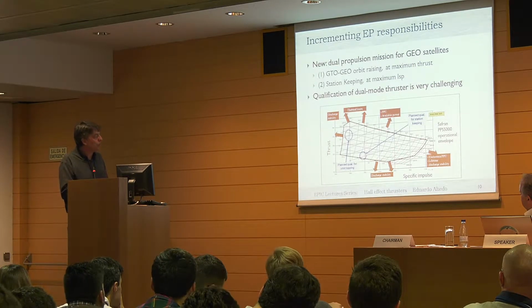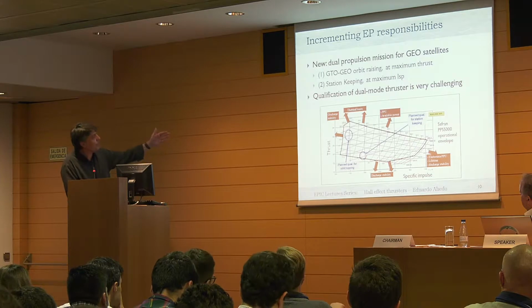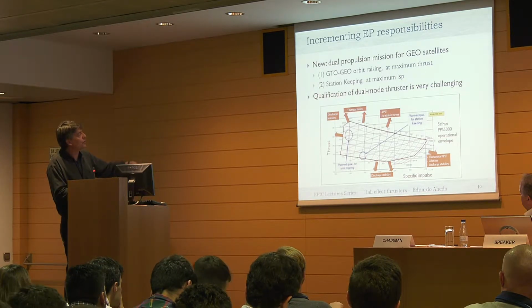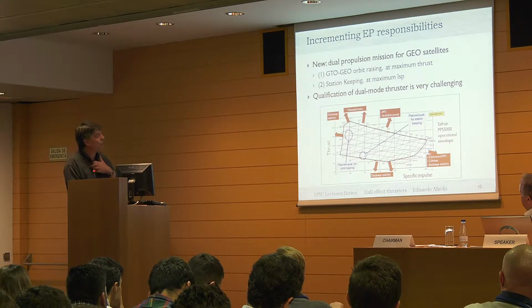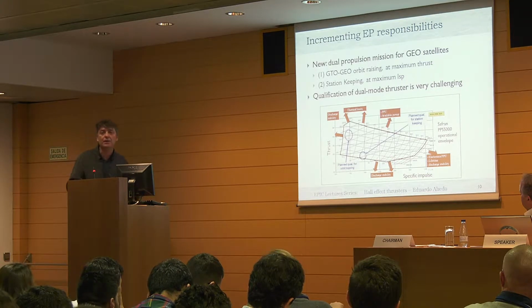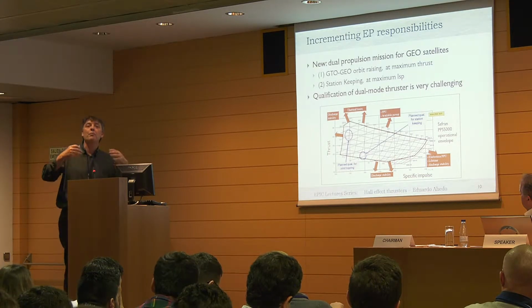So you see that we have different constraints about the stability of the discharge, thermal limits, the available power, so we have to take into consideration many aspects in order to know the operational points for our thruster.